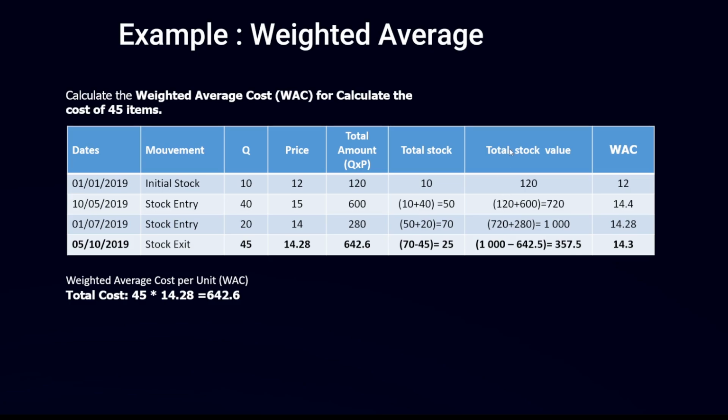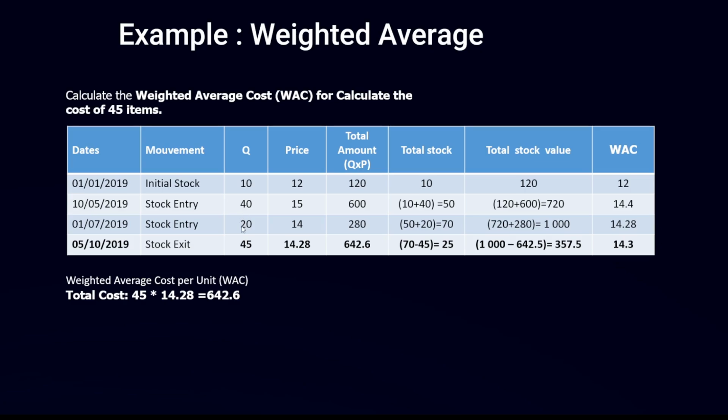Then we calculate the total stock value, 120, that means what we had in our stock in the last period, plus the total purchase for this period, 600, and we get the total of 720. To calculate the weighted average cost, we need to divide 720, the total stock value, by the total stock, 50, and we get 14.